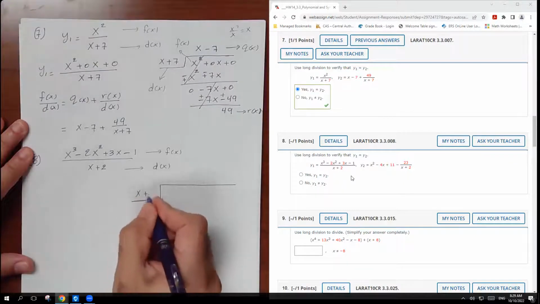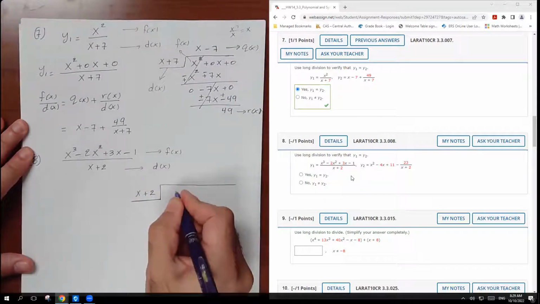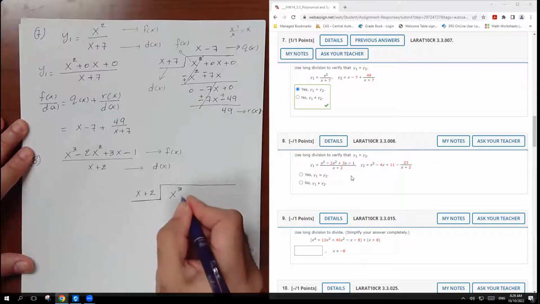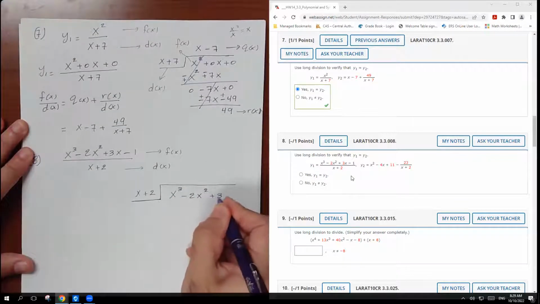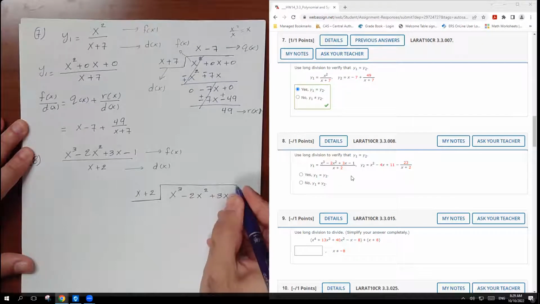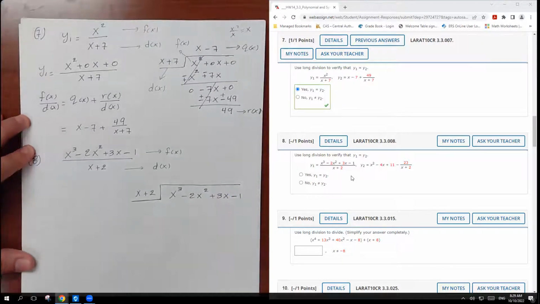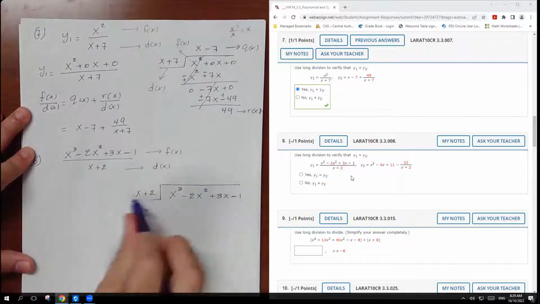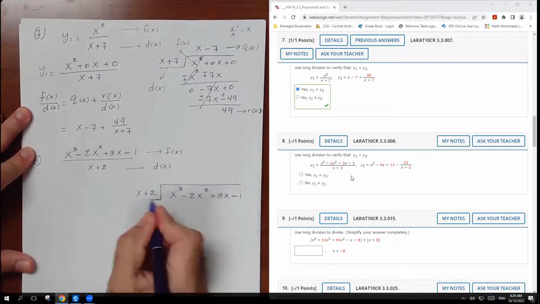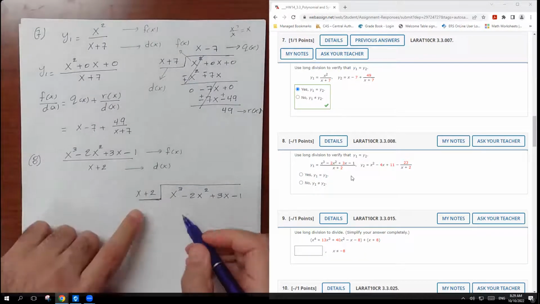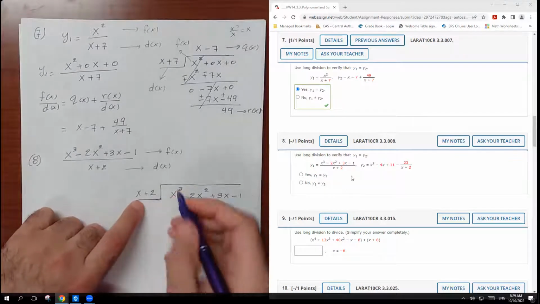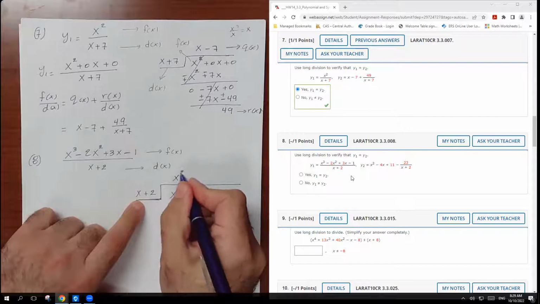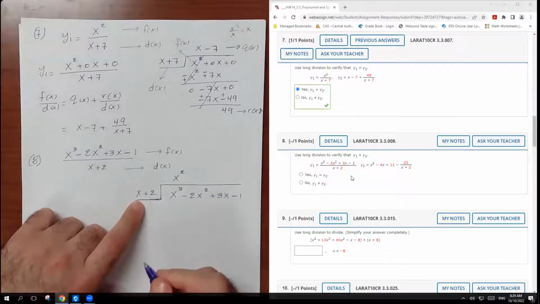Here's the divisor, and here is the dividend: x cubed minus 2x squared plus 3x minus 1. So now let's check. First of all, we're going to start by dividing the first term. X cubed divided by x is going to be x squared. Then I'm going to multiply.